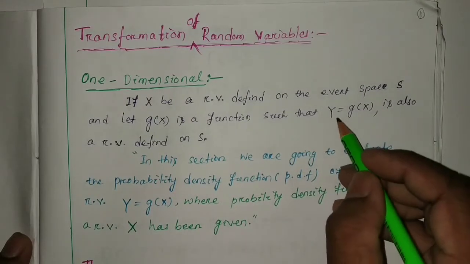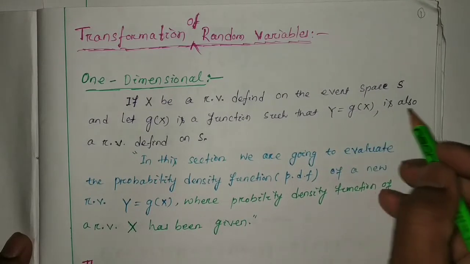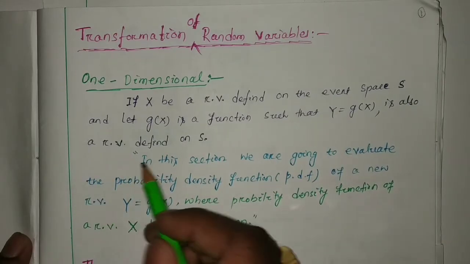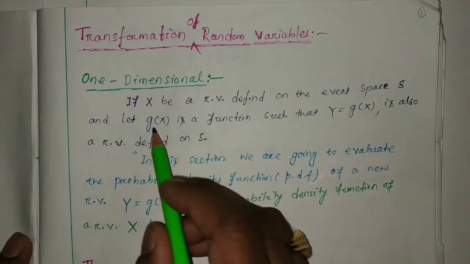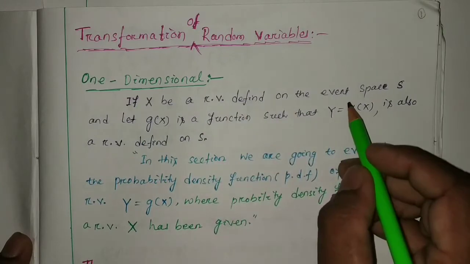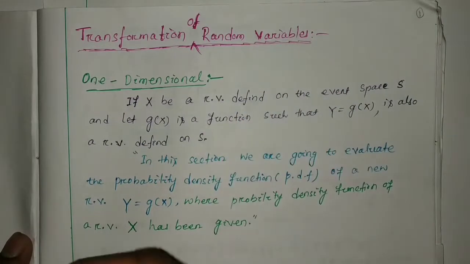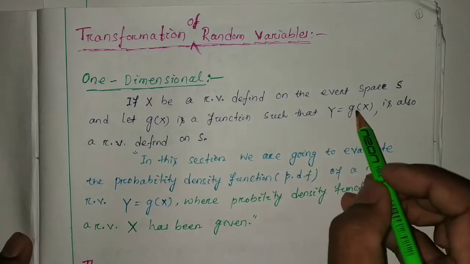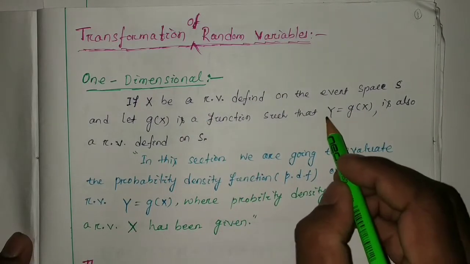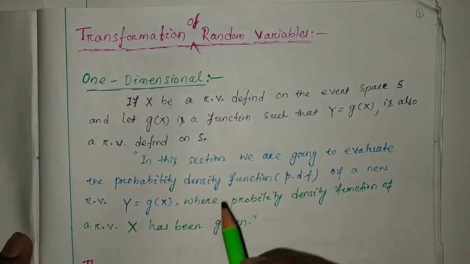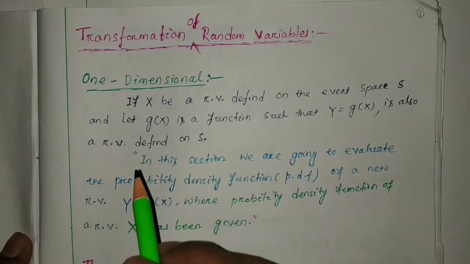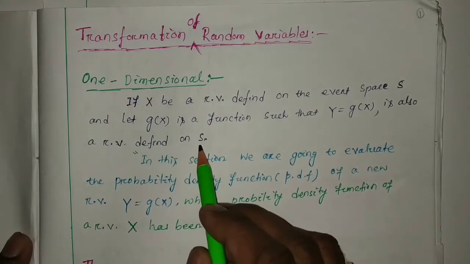Then this y equal to g(x) is also a random variable defined on S. So x is the random variable in the event space S, and if we consider another random variable which is a function of x, that is y, it is also a random variable in the space S.